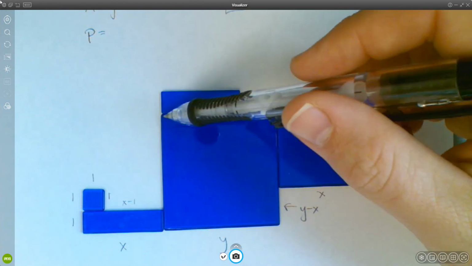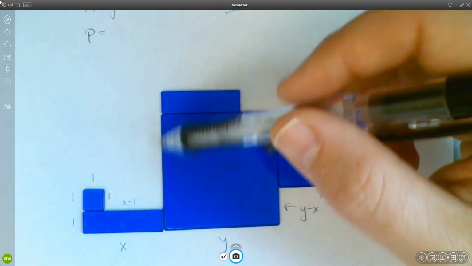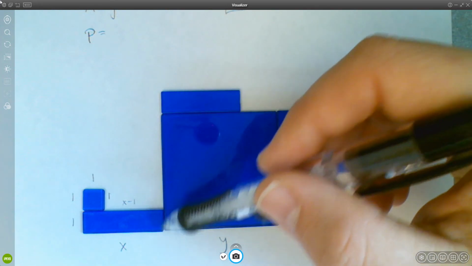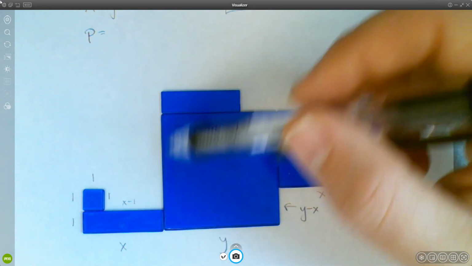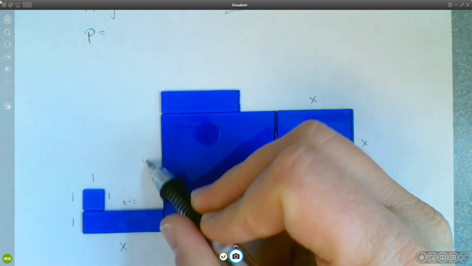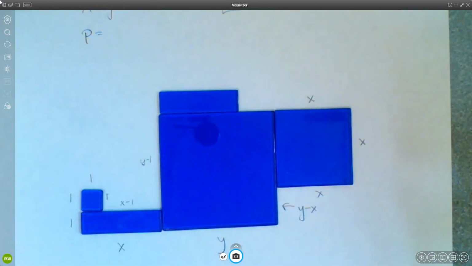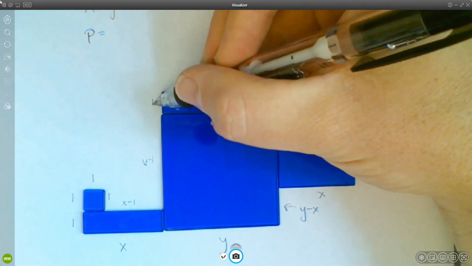What about this length? Well, the whole length is y, and this little length right here is 1. So from this corner to this corner should be y minus 1. So that's y minus 1. From here to here it's a 1.